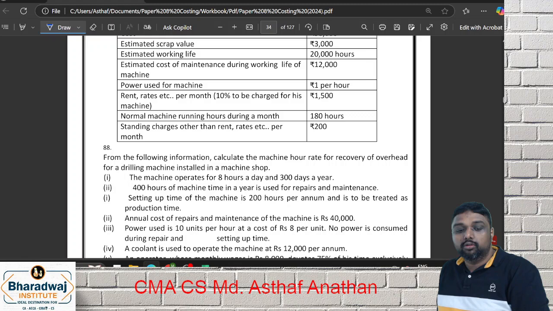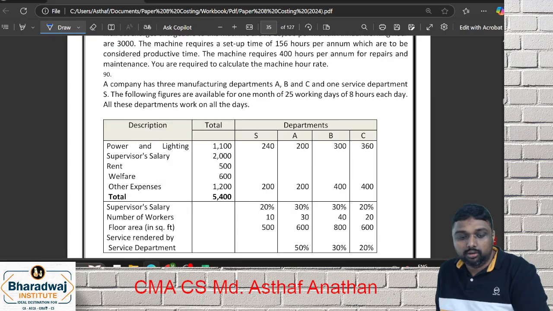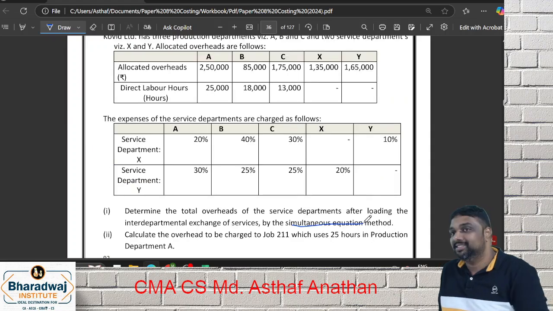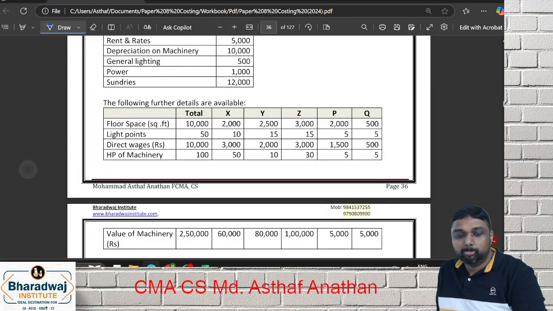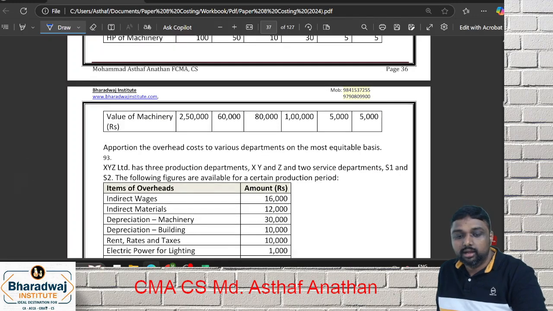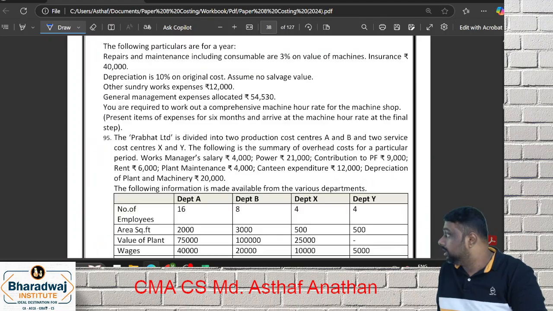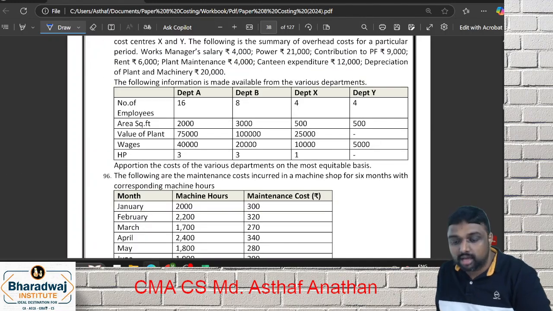These are all machine hour questions. They are asking only recovery rate, direct apportion. This question specifically asked for simultaneous. Here comes another point, direct apportion and indirect apportion. They keep on asking questions, so this is how the questions are testing.